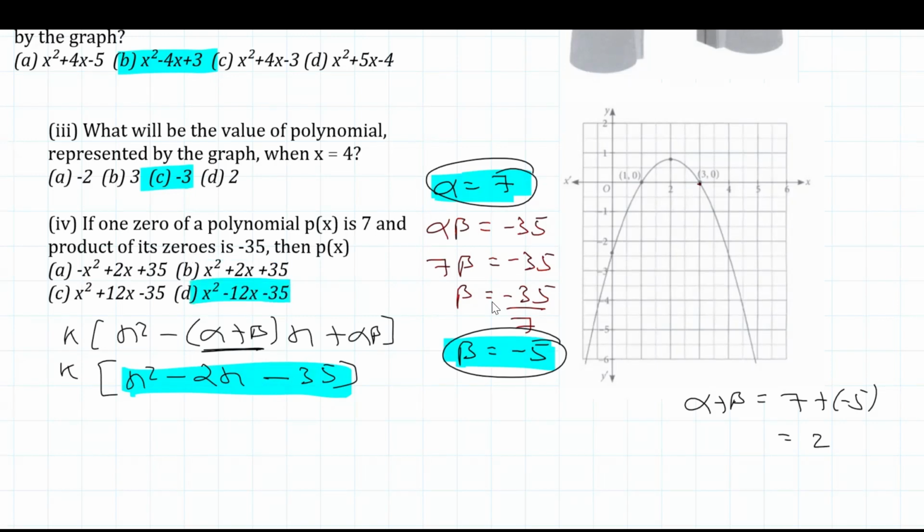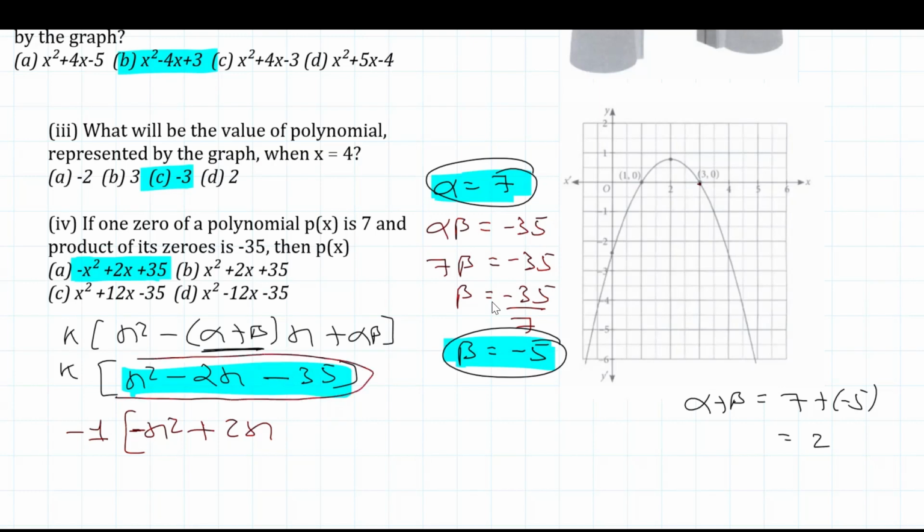Or this or this. So if you see, over here also this is not matching with the answers. But as I have taken k, and k can take any value. So if I take out minus 1 common, it becomes x square, this will become positive 2x, and this will become negative. That is what I'm doing.